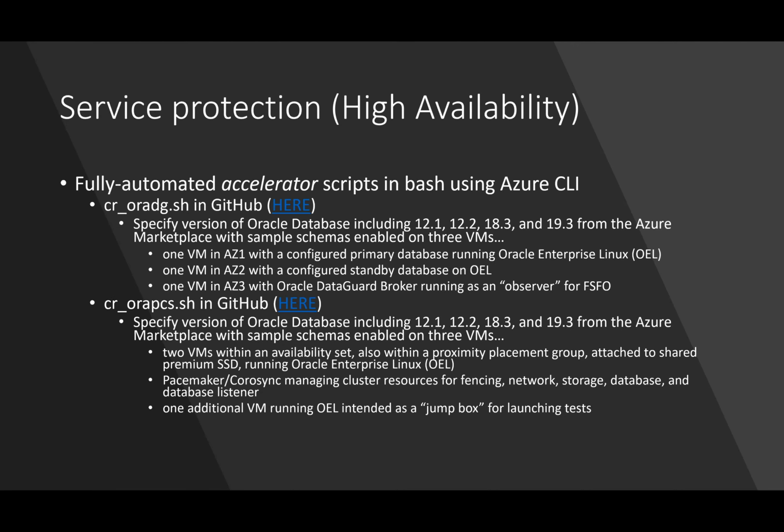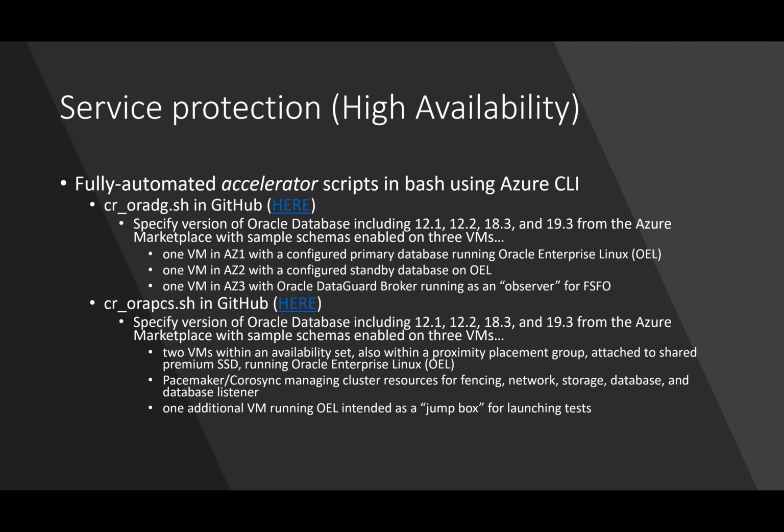I've also got another script out there that does something similar to creating DataGuard. If you want to test out Pacemaker Corosync, it does the same thing. It creates 2 VMs with shared storage in an availability set, and it installs Pacemaker Corosync on the 2 VMs. And Pacemaker Corosync controls which is active and which is passive, and you can control it with PCS.